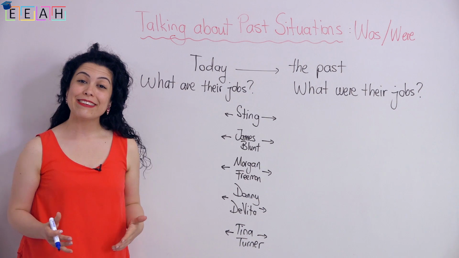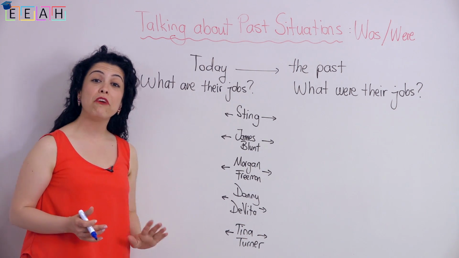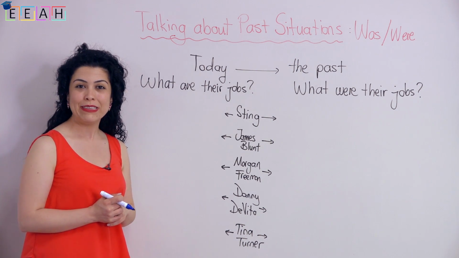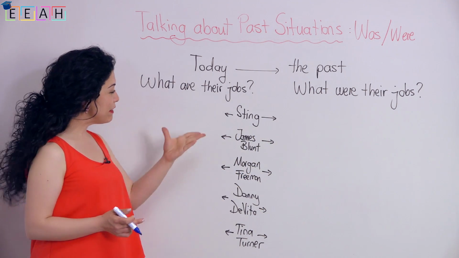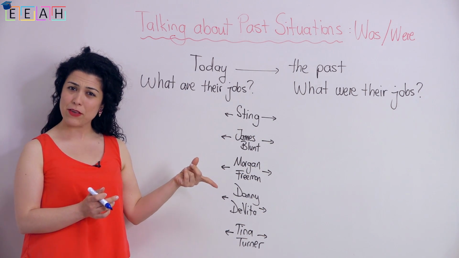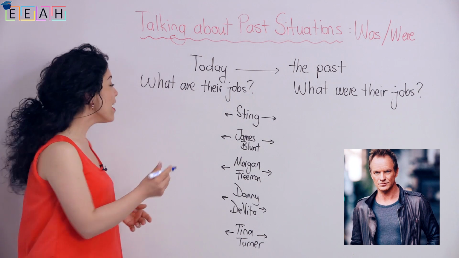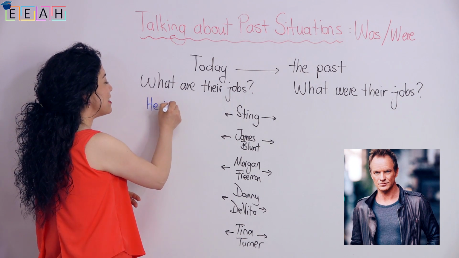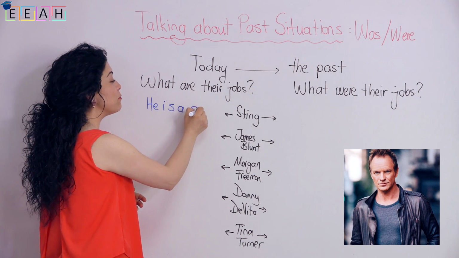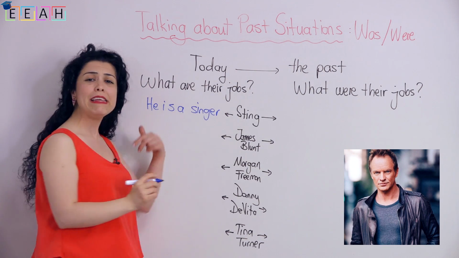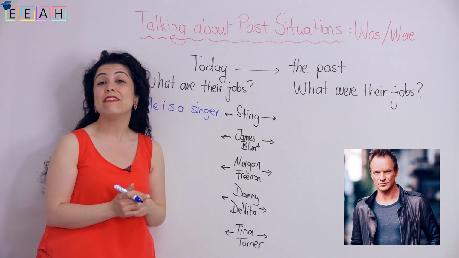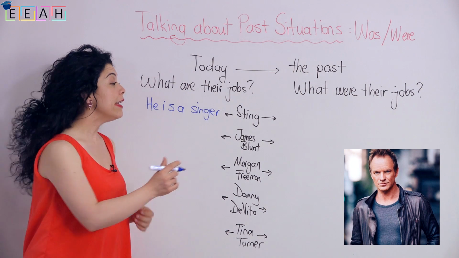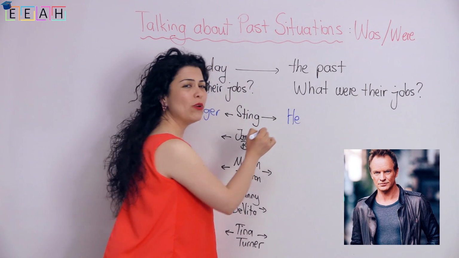Let's have further practice. I've written down 5 names of famous people. Think about their lives today and in the past. For example, Sting. Look at the picture. Sting is a singer, a musician, right? But in the past, many years ago, what was his job? Huh? He was, do you know what it was?